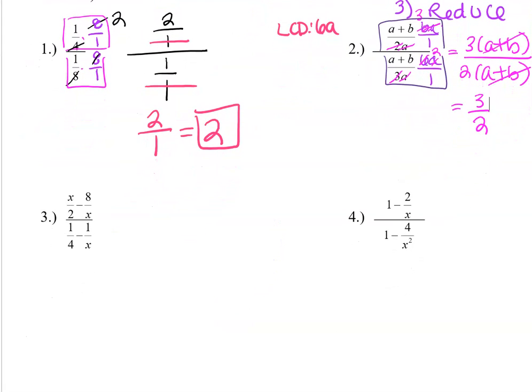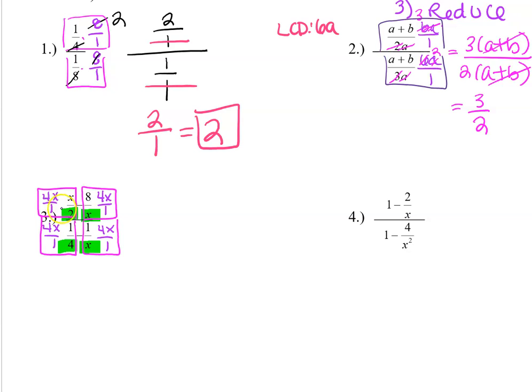Scroll down to 3. Now I have 4 little mini fractions. So between each of these denominators, 2, 4, or 2x, 4, and x, the common denominator among all of those would be 4x. So I'm going to multiply each of these by 4x over 1. Now treat this as 4 mini multiplication problems.